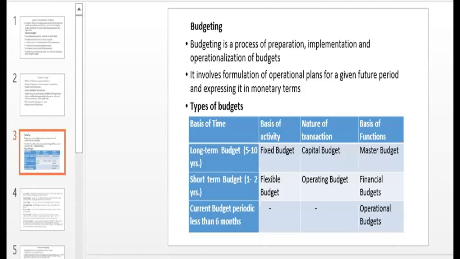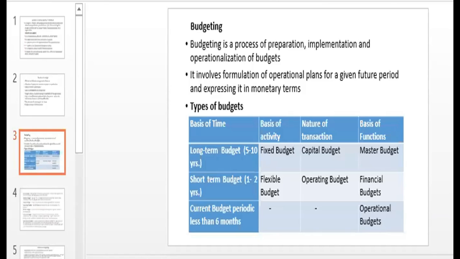That's like in Kenya, the president has a 5-year term. Then after that, he goes back for election. So he may want to achieve some targets by the end of the 5th year. So he'll have a long-term budget that will run for 5 years.